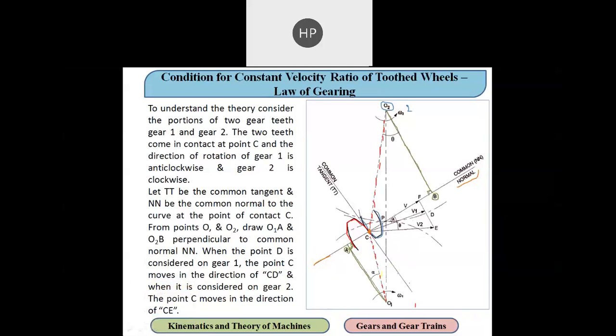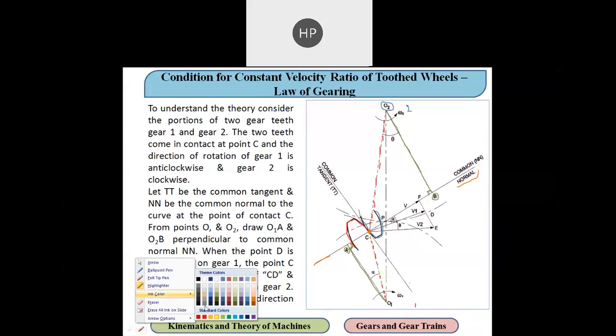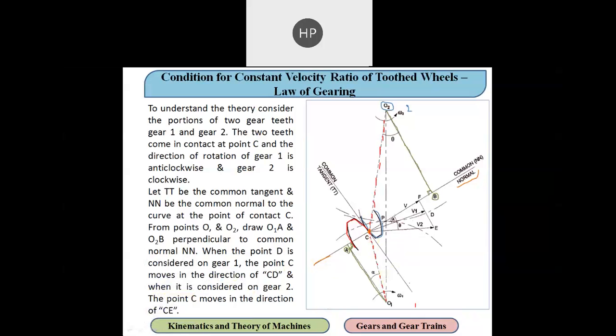Then the contact point of gear 1 and gear 2 is taken as point C. And then we have joined O1C and O2C.